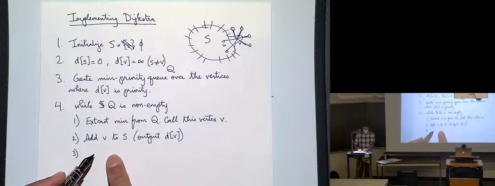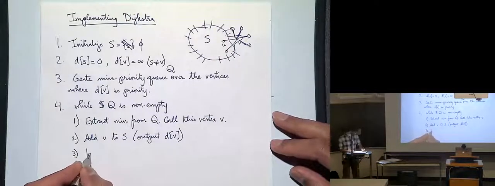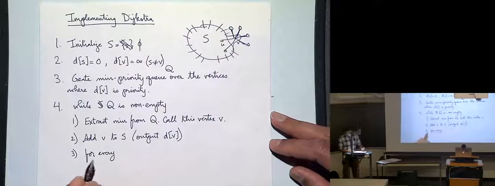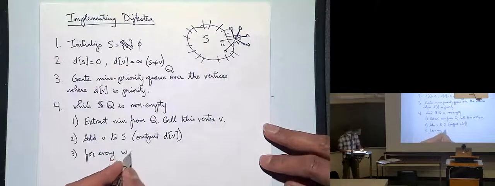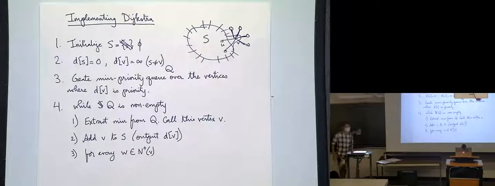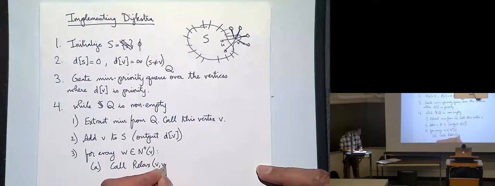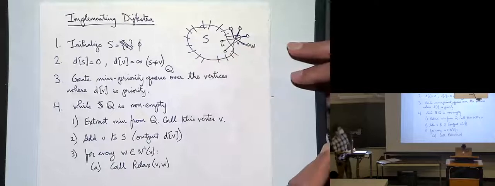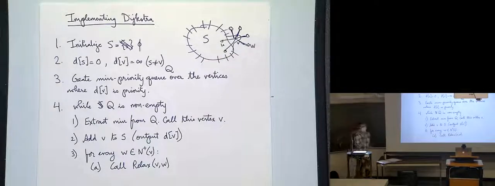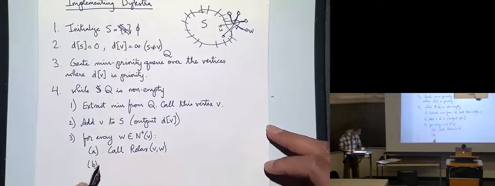So you've added V to S. Then you look at all the neighbors and apply the relax operation. For every w in the out neighborhood of v, call relax on VW.